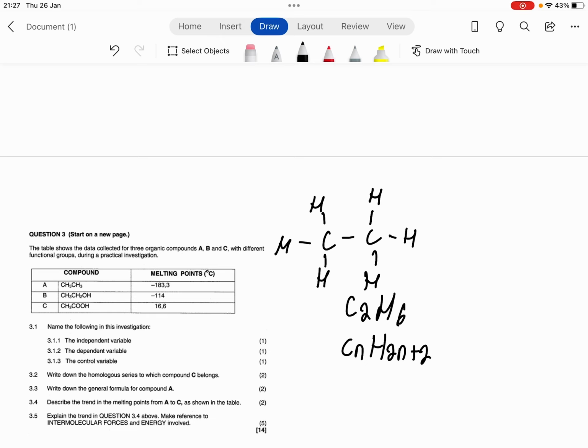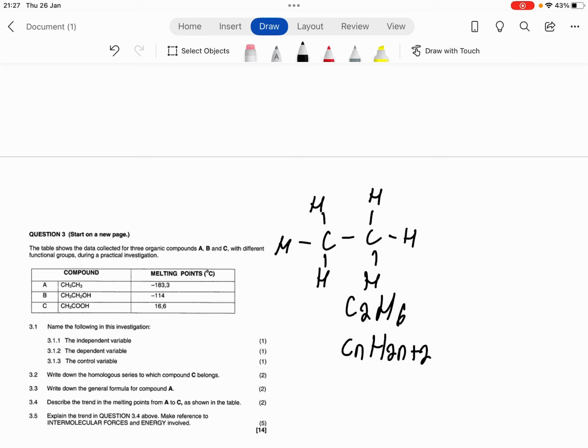So I'm going to start with compound C and compare it to compound B. So compound C's intermolecular forces are greater than compound B's due to it having 2 sites for hydrogen bonding. Therefore, a greater amount of energy is needed to break the intermolecular forces, giving it a higher melting point.